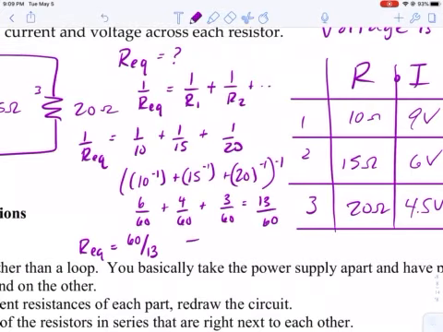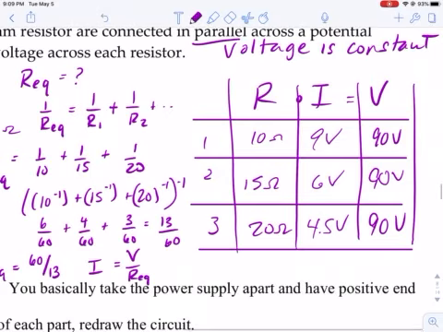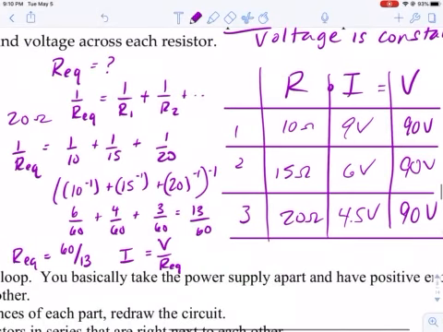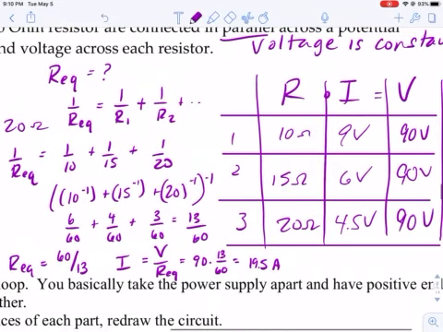And then to find the total current, I would take the total voltage divided by the equivalent resistance. Again, I'm just taking V equals IR and rearranging it. And so that would be 90 times 13 over 60, which would be 1.5 times 13, which is 19.5 amps.